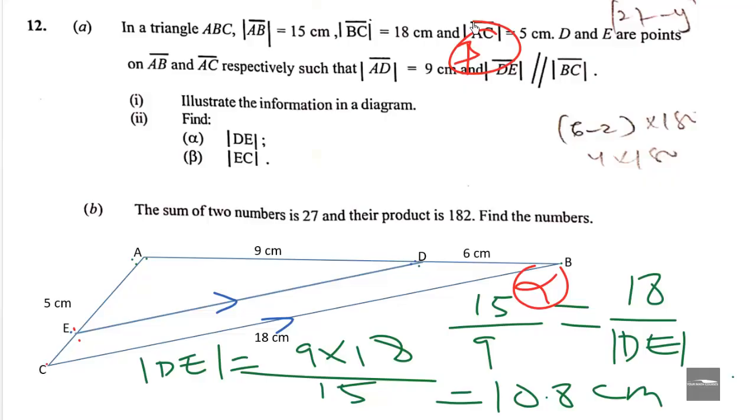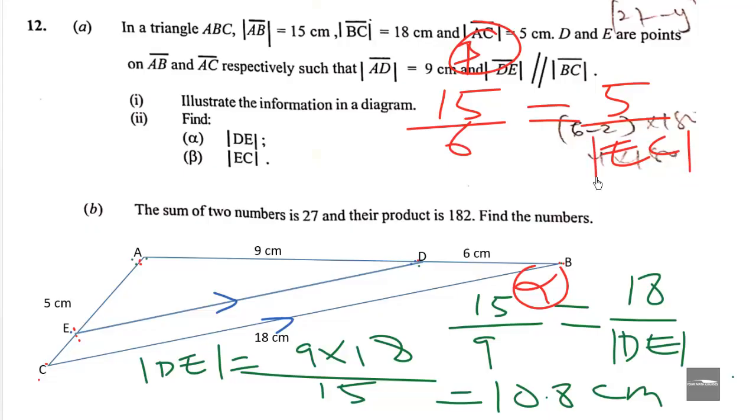So we will have 15 over 6, from here to here over from here to here, will be equal to AC, which is 5, over EC, which is what we don't know.